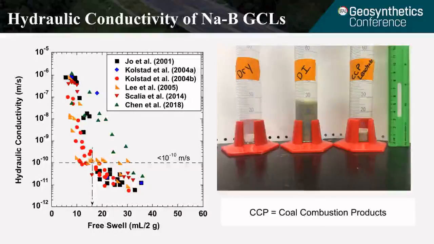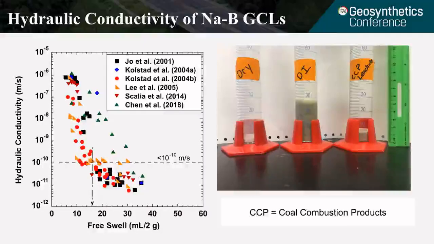As you can see, when the dry powder is exposed to DI water, the swell can become roughly 30 milliliters, whereas when it's exposed to CCP leachate, the swelling is roughly 5 milliliters per 2 grams. So the swelling of bentonite is very sensitive. The left figure shows the hydraulic conductivity of sodium bentonite GCL as a function of free swell value.